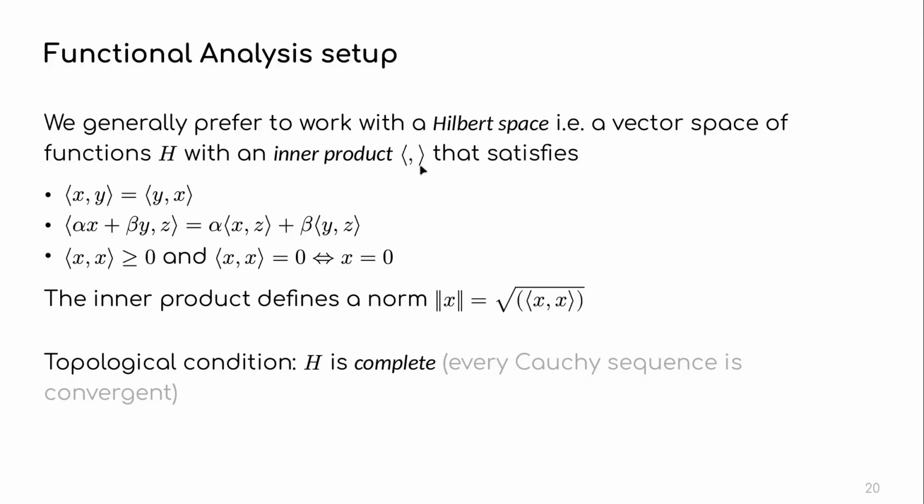So I can take dot products between vectors or functions, and the inner product has to be commutative, real valued in this case, bilinear, so it's linear in the first argument, and because it's commutative, it's also linear in the second argument. And it's also positive definite, which means if I take the inner product of x with itself, it's greater than 0, and if it is equal to 0, then x must be equal to 0.